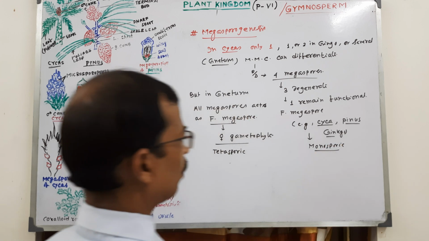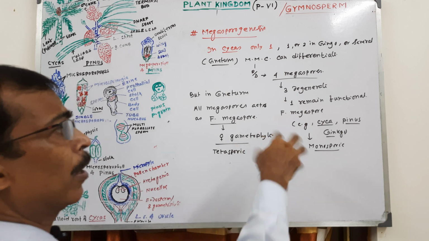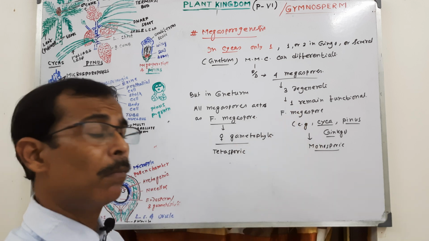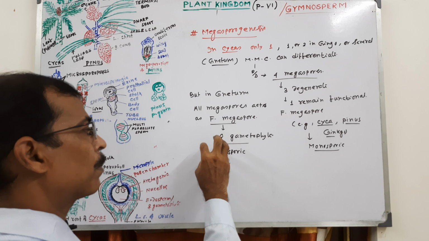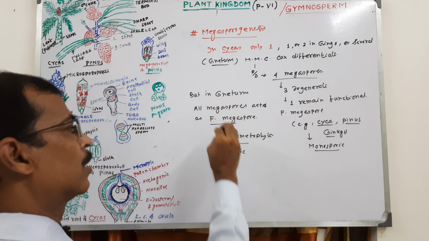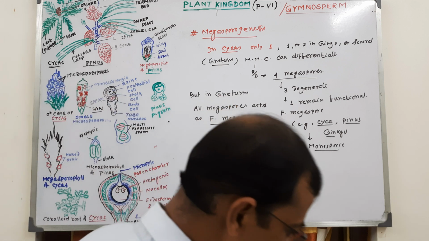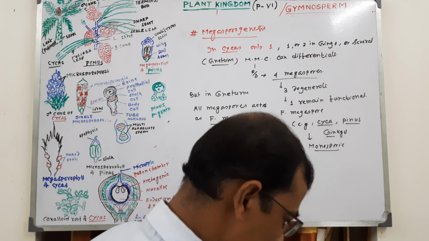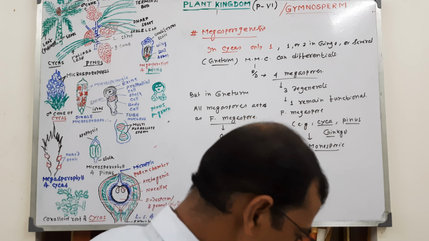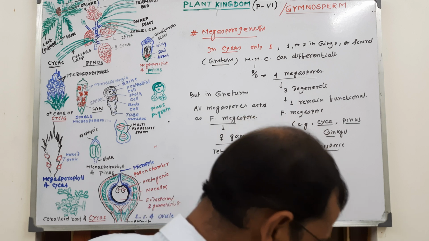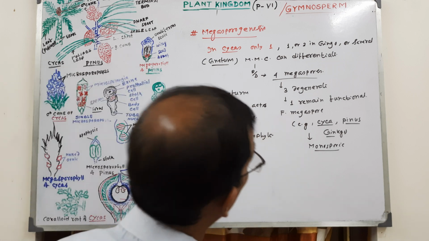So in gymnosperms, mainly the development of the female gametophyte is monosporic. In some cases, the advanced genus Gnetum is tetrasporic, like some angiosperms. Okay. Now about the male gametophyte, development of the male gametophyte.